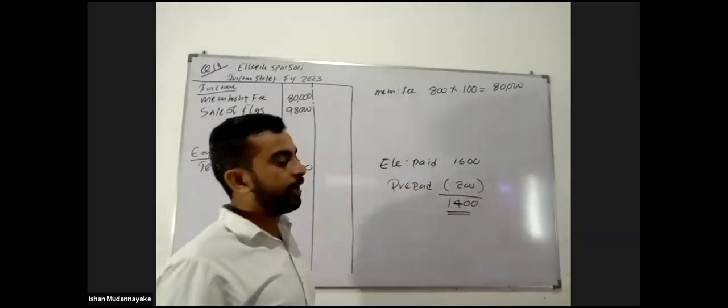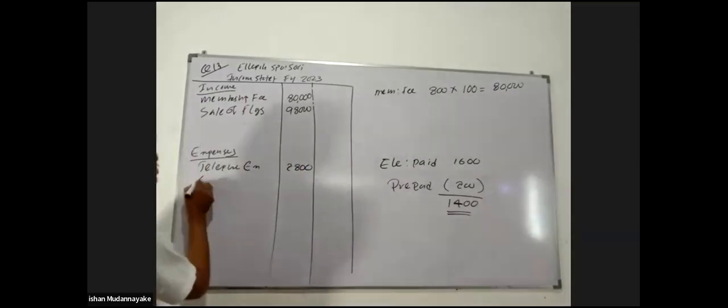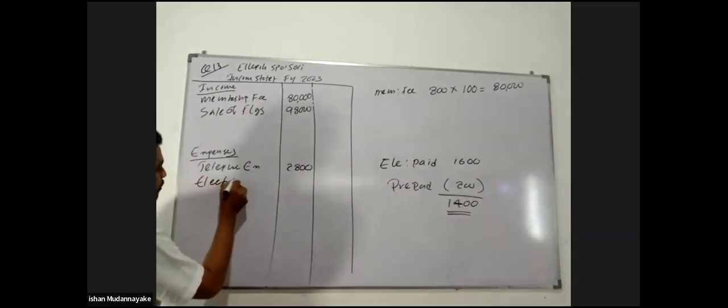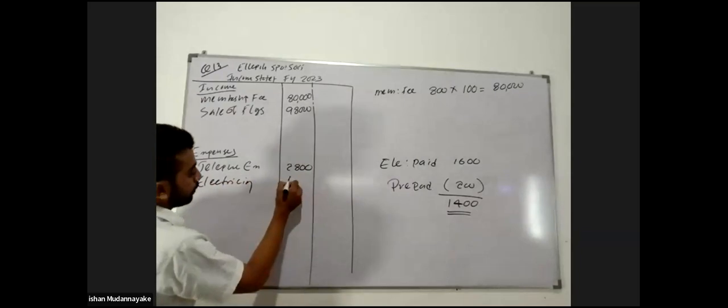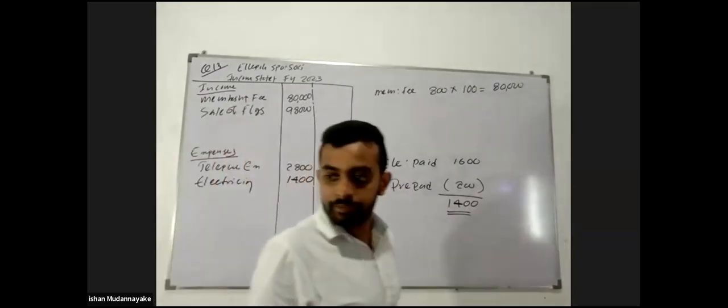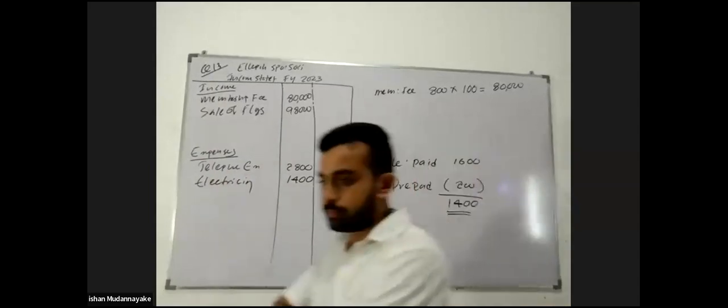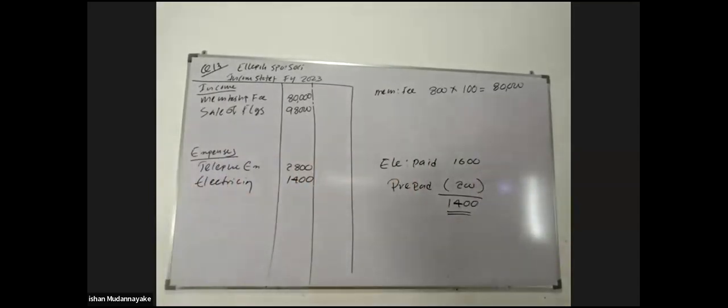Prepaid amount you can deduct. Then relevant amount for the period 1,400. Electricity 1,400.